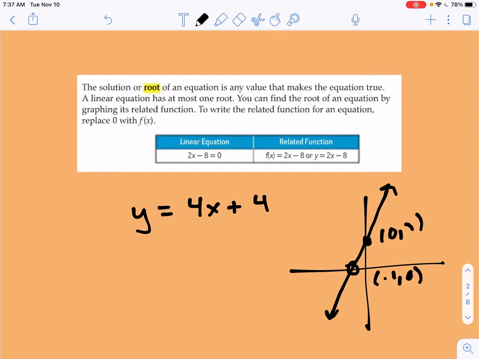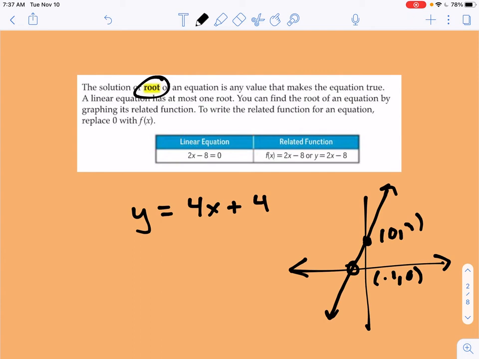So where it crosses the x-axis, which is right here, is where you're going to find its root, and another term for that is the zero of it.